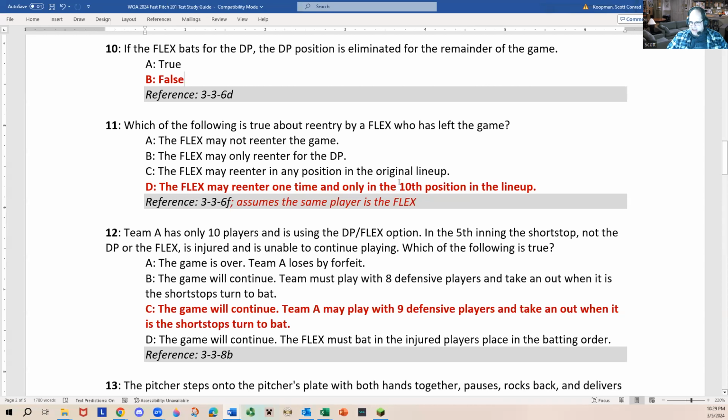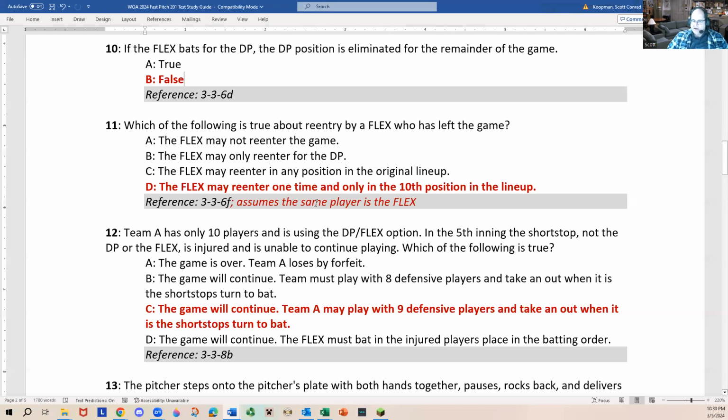So D is true. Now, what I don't like about this question is that the flex position is not necessarily constrained to a single player. You can actually sub players in for the flex and have a different player being the flex. And it is the player, right? It's either Sarah or Mavis or Geraldine.